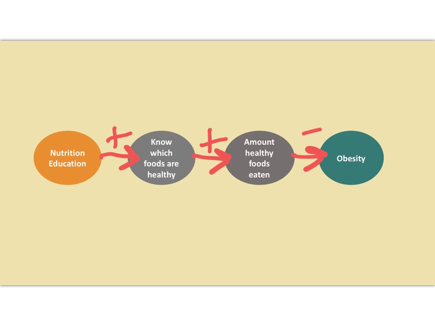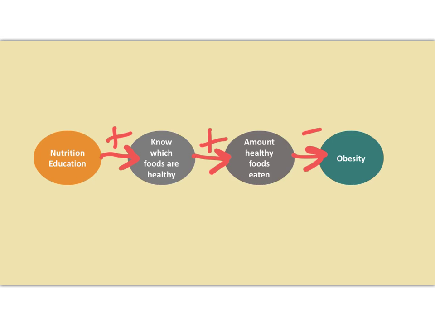So how convincing is that? A large part of the value of the mechanism is for you to figure out whether you believe things will really happen. Do you think it's the amount of healthy food that affects obesity?